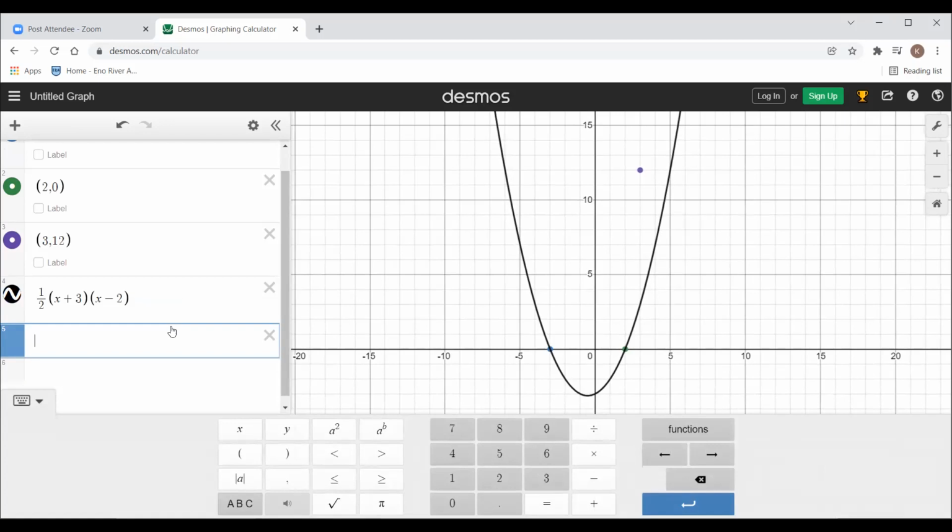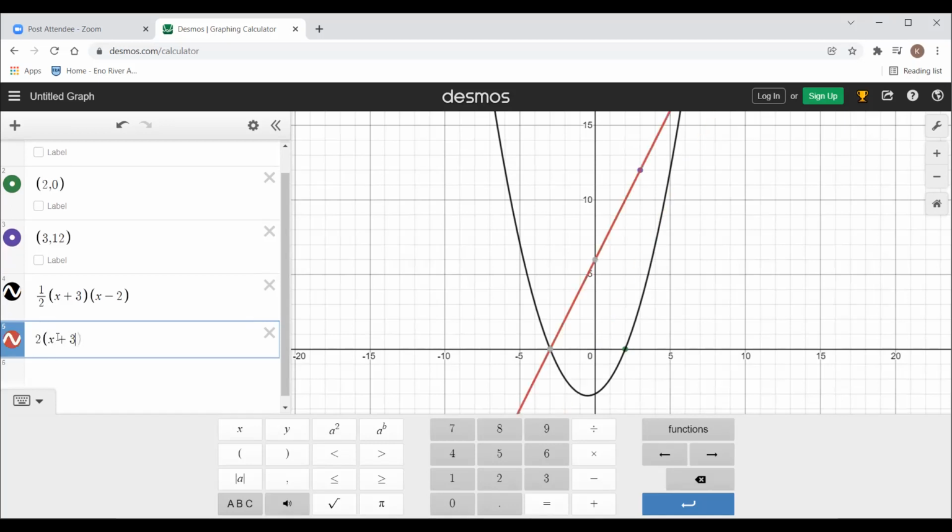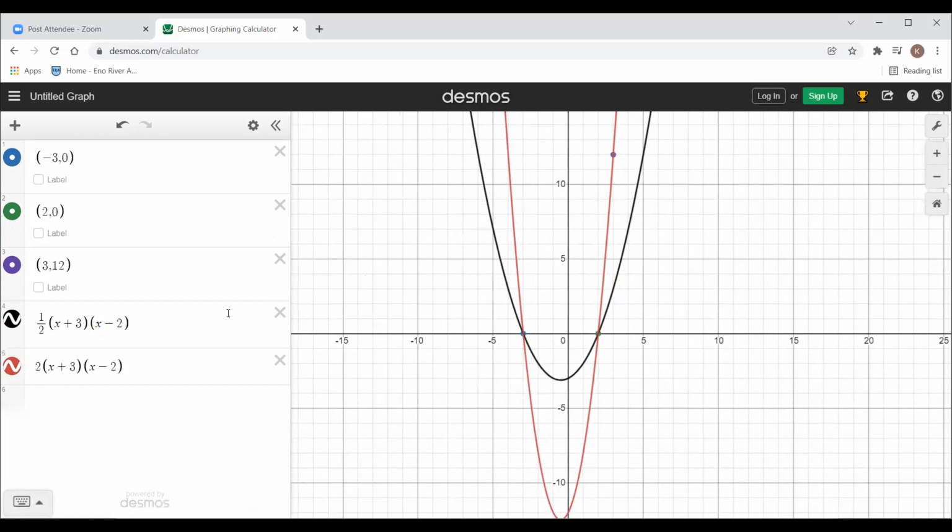So the parentheses were apparently good on that one because they went through the intercepts, but the 1/2 is what made it wrong. So I think it's going to be C. What do you think? There we go. Ding, ding, ding. Is it not satisfying to do the problems that quickly? Thank you, Desmos. We love you for who you are.